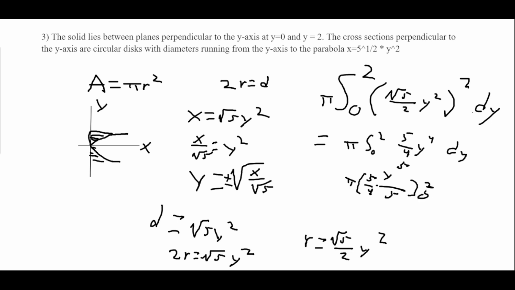So really you have pi times 2 to the 5th, which would be 32, over 4, minus 0 over 4, which is just 0. And 32 divided by 4 is 8, so you're left with 8 pi.